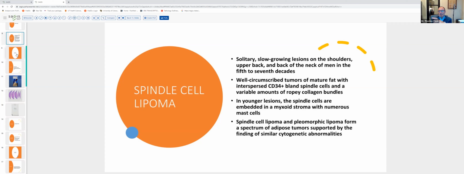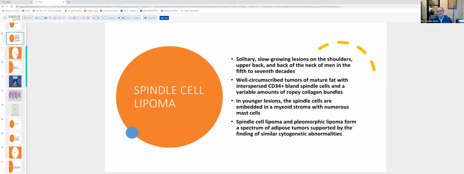So if you section a large spindle cell lipoma, you can have areas that are quite cellular, almost all spindle cells with little to no fat, in which case we have a so-called low fat or fat-free spindle cell lipoma. Other areas might be almost all mature fat with few spindle cells or ropey collagen bundles, and other areas may have abundant ropey collagen bundles mixed with adipocytes, resembling a so-called fibrolipoma.